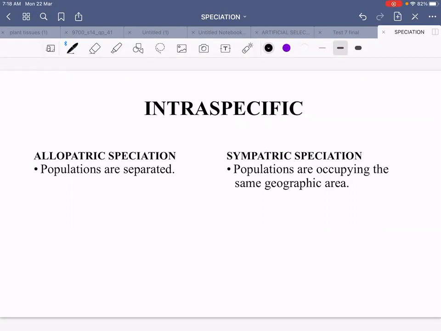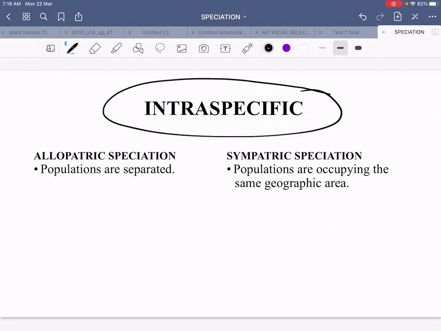And then this kind of speciation takes place. In sympatric speciation, the population of organisms that belongs to the same species will occupy the same geographical area. Now, the common thing between allopatric and sympatric speciation is that both of them are classifications of intraspecific speciation, right?